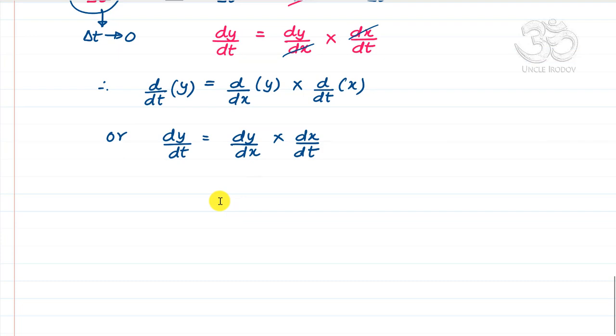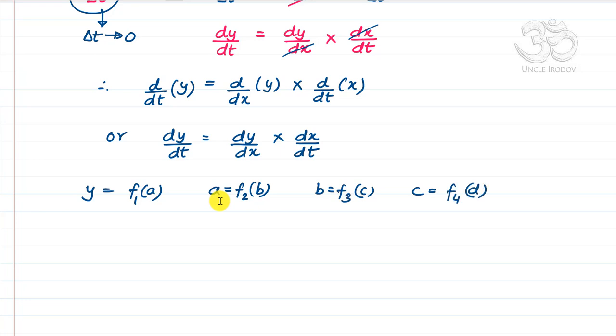So maybe I take a different example where y is a function of a, and a is a function of b, and b is a function of c, and c is a function of d or something, and I should not use f everywhere. I should use maybe f1, f2, f3 and f4 and so on to show that they are all different functions.